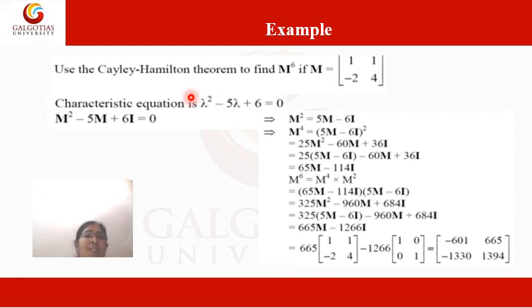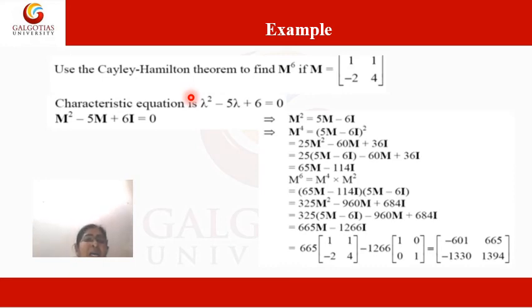On solving this, I will get 25M^2 - 60M + 36I. Now I will substitute the value of M^2 as 5M - 6I, and solve it out. On solving all the terms, I will get 65M - 114I.